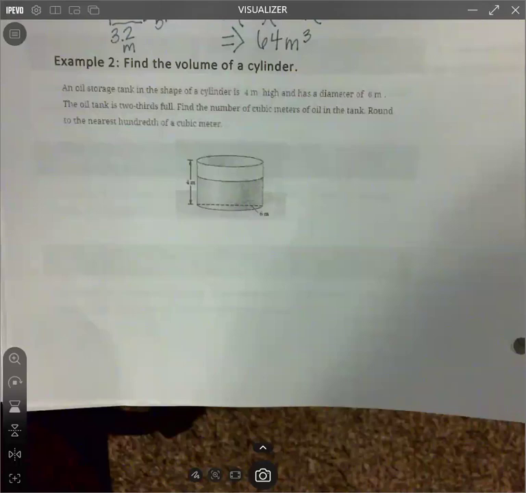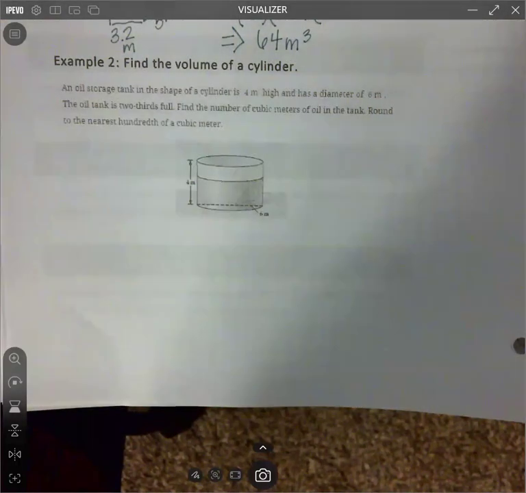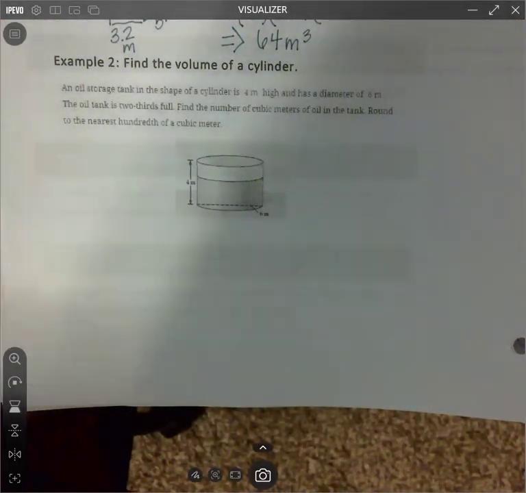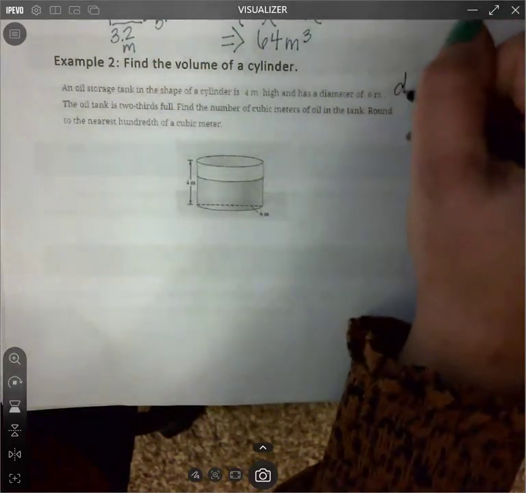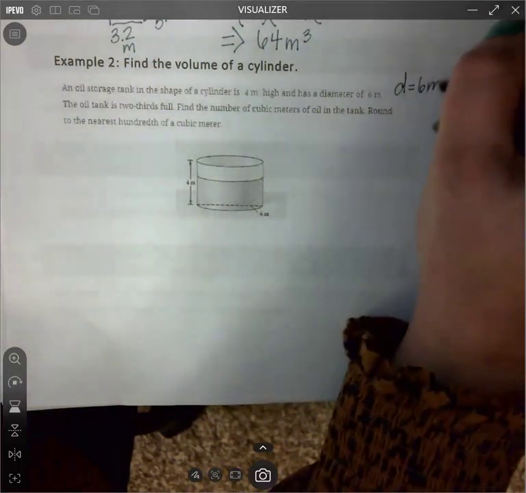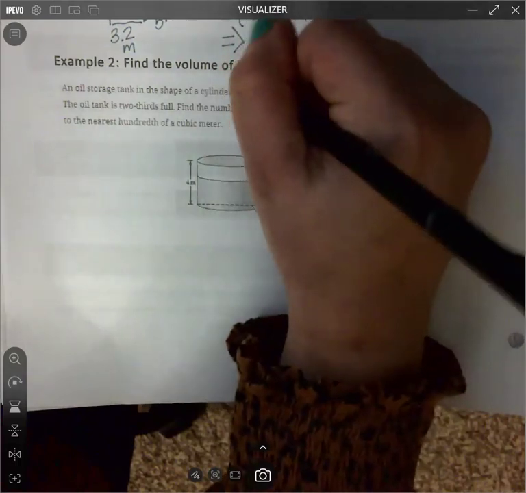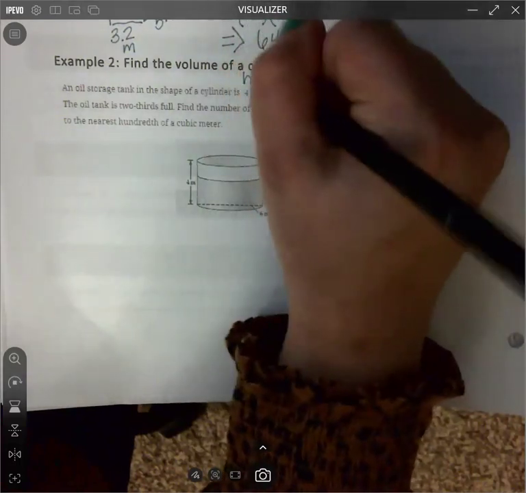Example 2 is to find the volume of a cylinder. It says the oil storage tank is in the shape of a cylinder, and it is 4 meters high and has a diameter of 6 meters. So I'm going to write D equals 6 meters and H equals 4 meters.